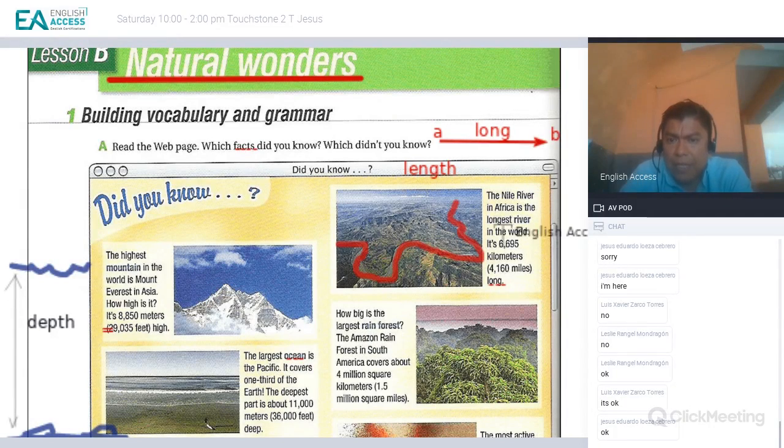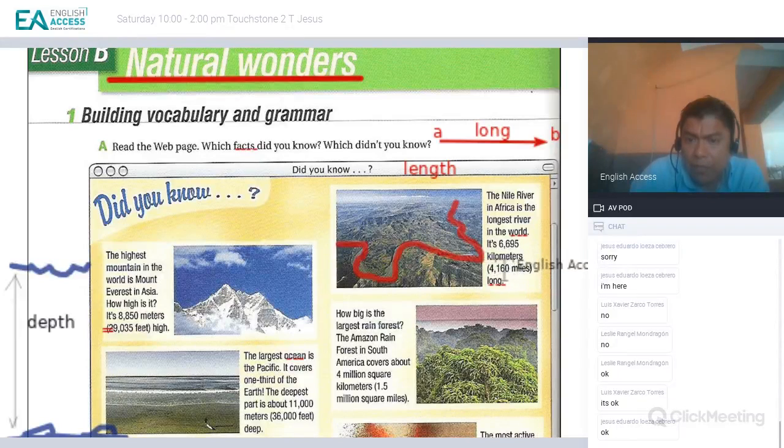And the Nile River in Africa is the longest in the world. We can have the longest in Acapulco, the longest in Mexico, in the country of Mexico, the longest river in the continent of America. But in this case, we're talking about the longest river in the world, the Nile River in Africa.